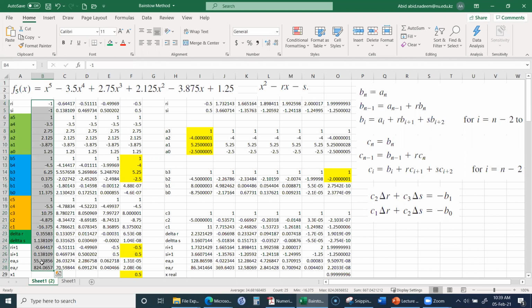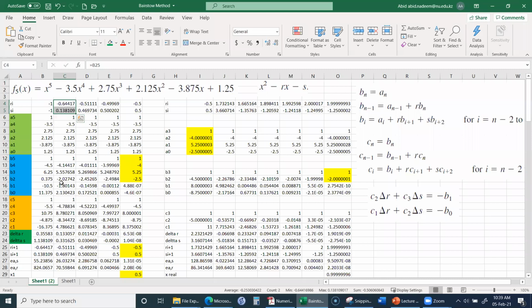For the second iteration, you will now use the values of r and s which were found previously, minus 6.64 and plus 0.138, and we input these values over here. I have copied this value from here up to here, and from here up to here I have copied this value.